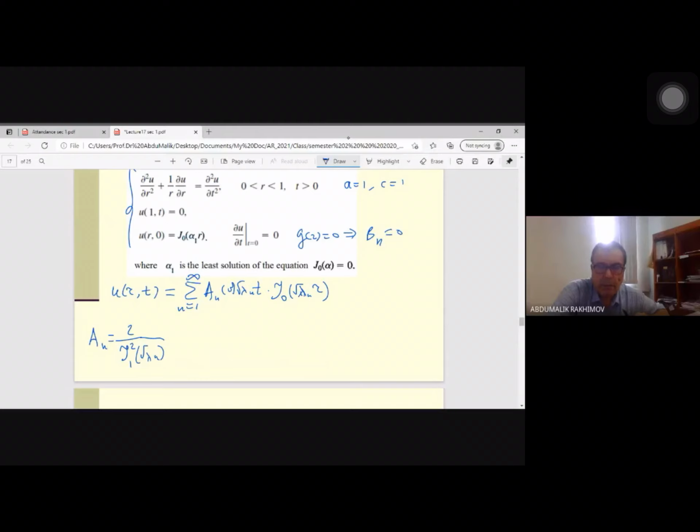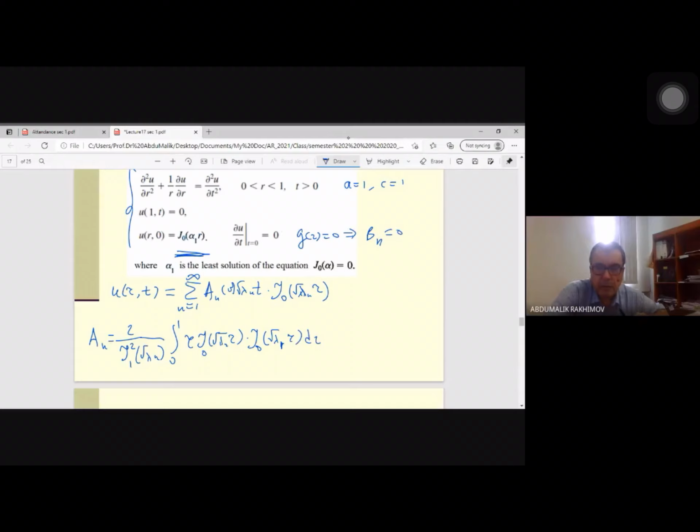Okay, times the integral from 0 to 1 of r times J0 of root of lambda_n r times this function f, which here is J0 of root of lambda_1 r, with alpha_1 being root of lambda_1, dr.